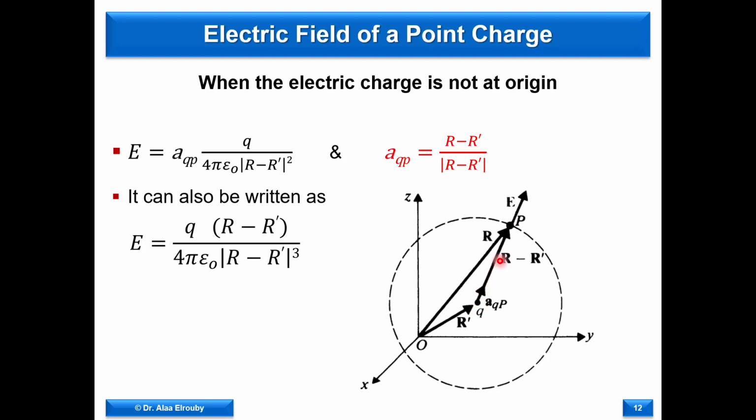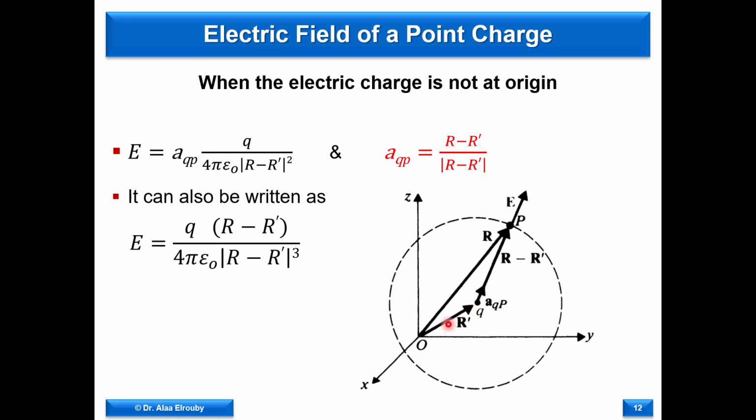So the vector of interest to us, AQB, equals that vector, which is minus r prime, plus r. r prime is the position vector of the point charge, and for the source we always put a prime in the description.